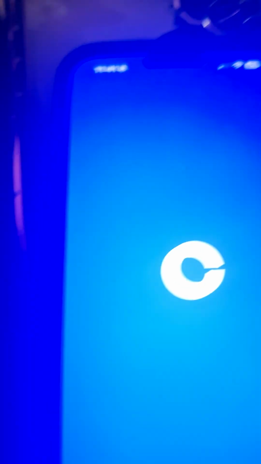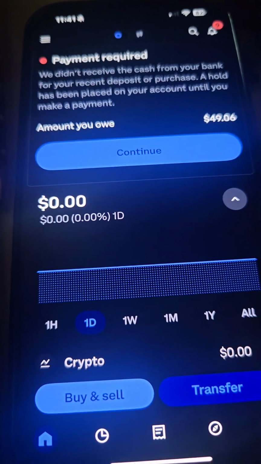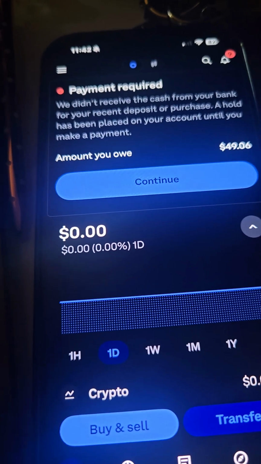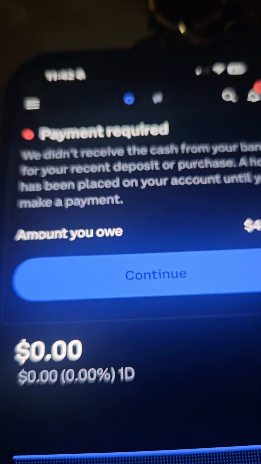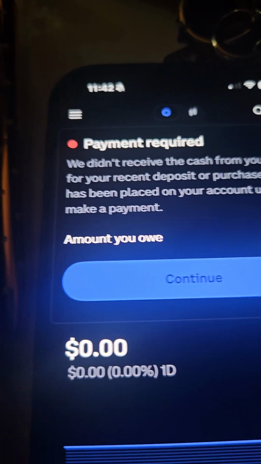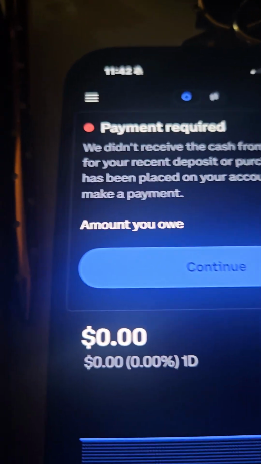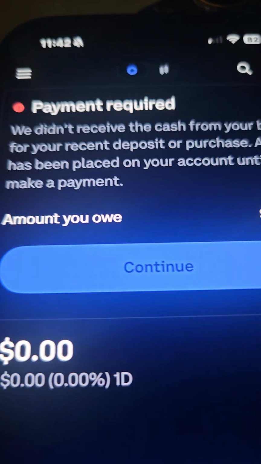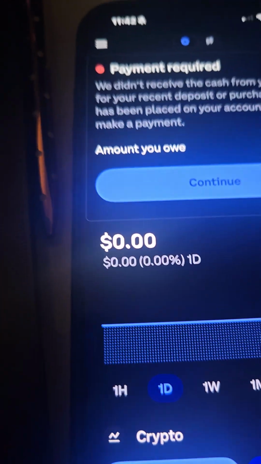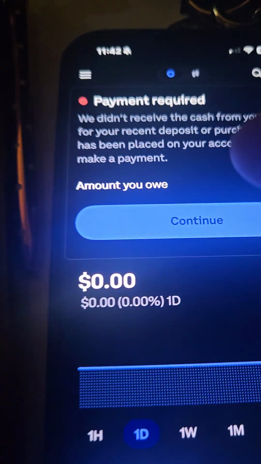Let's go to Coinbase. I personally don't like Coinbase simply because if someone accesses your Coinbase account, which just actually happened to my girlfriend, they're saying she owes them $50. See how it says she owes $50, and they won't let her make any more purchases until she pays this.